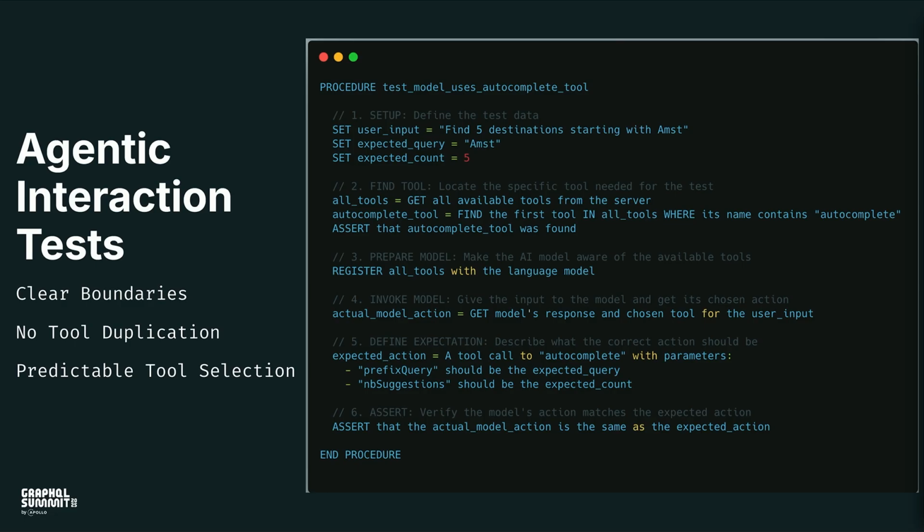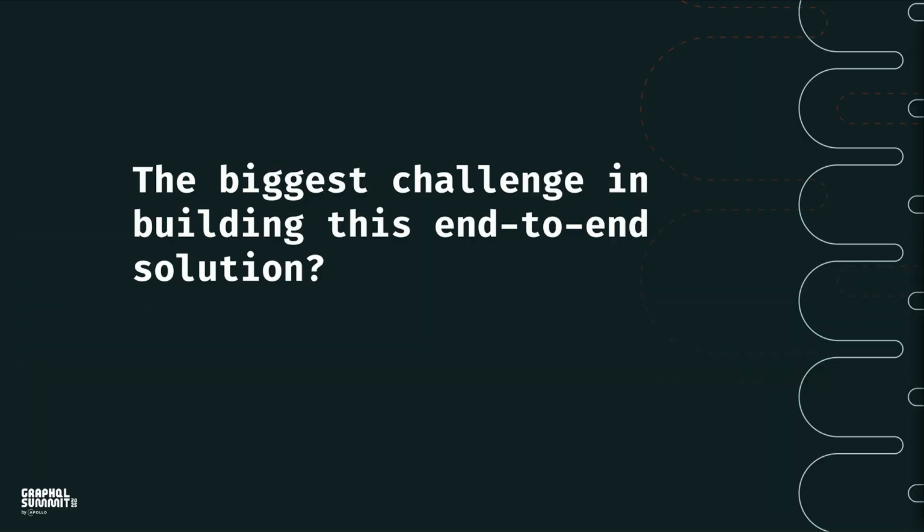We use integration tests to be sure that natural language user input is mapped to the tools and is predictable, to make sure that agentic applications internally work well and are predictable as well.